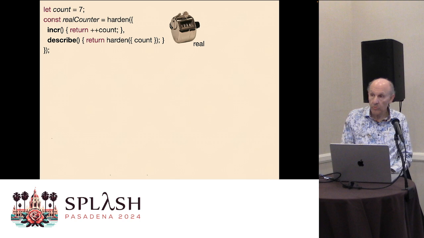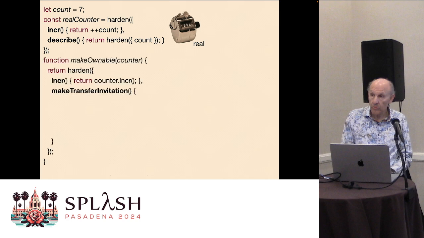So it has an increment method that only counts up. And the assay is provided by this describe method that returns the current count. It's self-assaying, it's describing itself, but its self-description is as credible as its behavior itself. It's coming from the same piece of code.